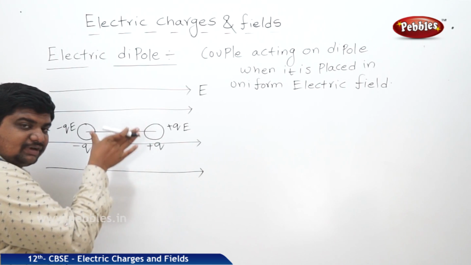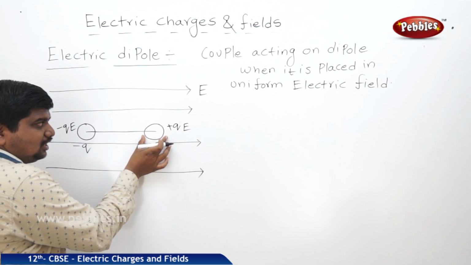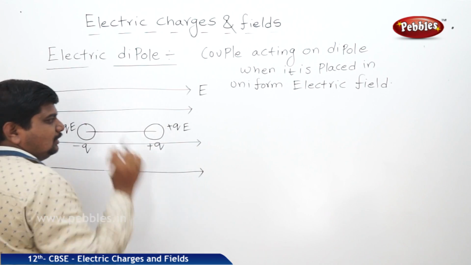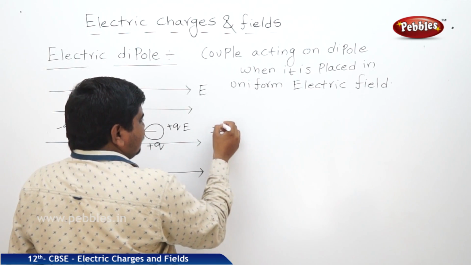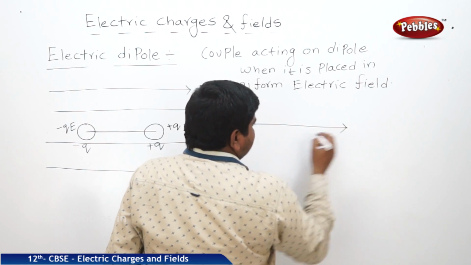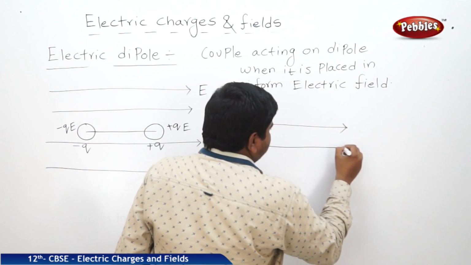Because of the force of repulsion, this positive charge experiences the force of repulsion and it goes up. Then the diagram will convert like this. This arrow mark represents the uniform electric field.